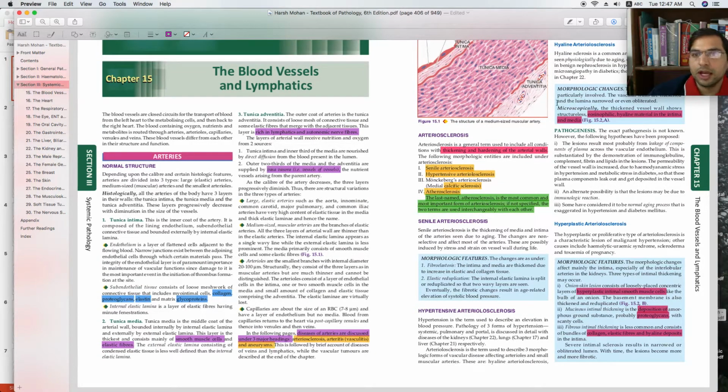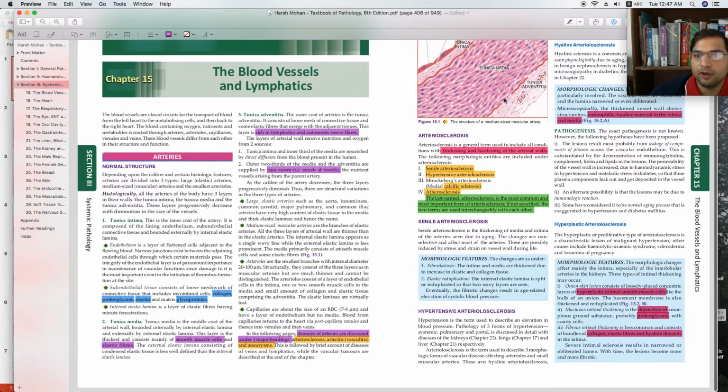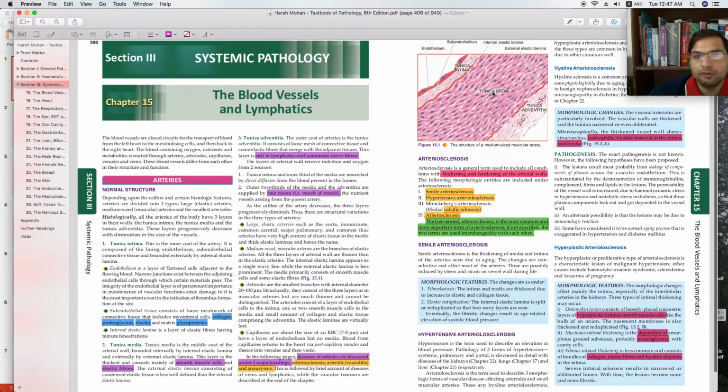Also in hypertension, apart from the deposition of hyaline material in media and intima, there are hyperplastic intimal smooth muscle cells. That means the intima layer, which is generally devoid of smooth muscle cells, receives smooth muscle cells from the tunica media.